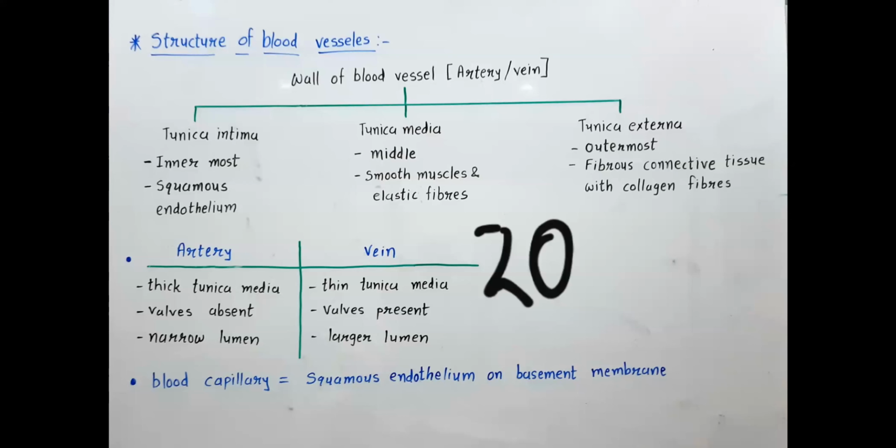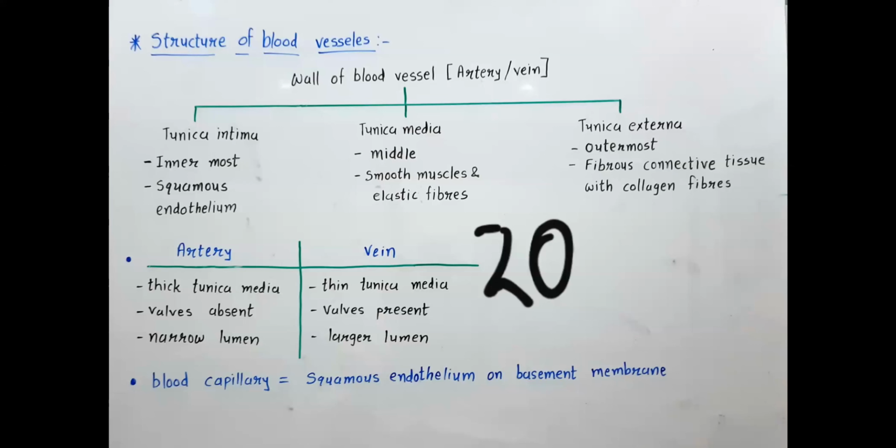I mentioned that the human circulatory system is made up of three components. The circulating fluid, that is blood, we have studied extensively. The pumping organ, that is heart, again we have gone through it in detail.